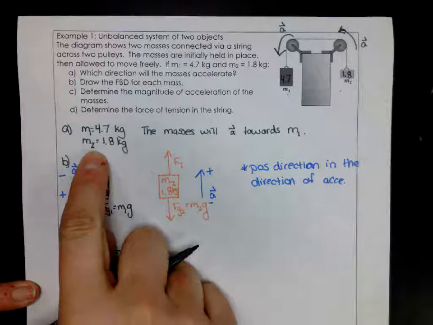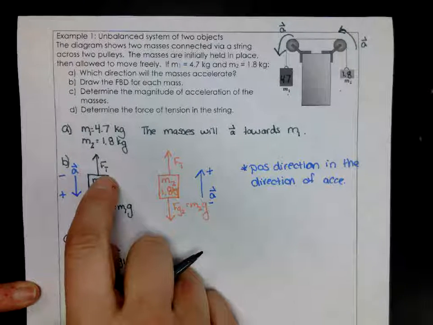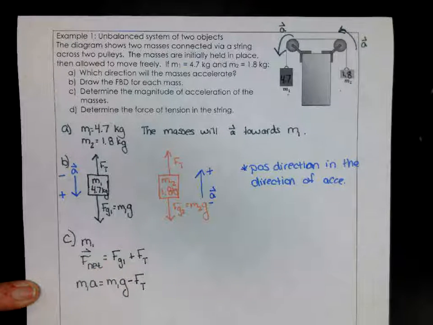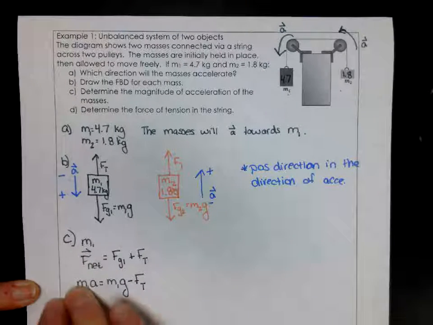Going upwards is negative, and we don't know what this force of tension is equal to, so I'm going to set this as negative force of tension. And I'm going to stop right there. I can't simplify this any further.